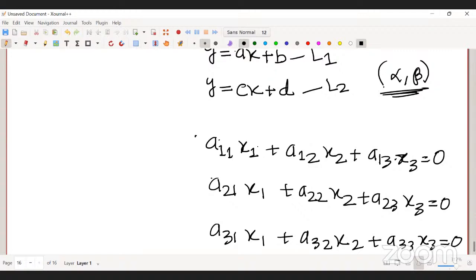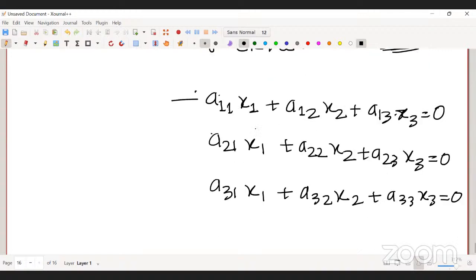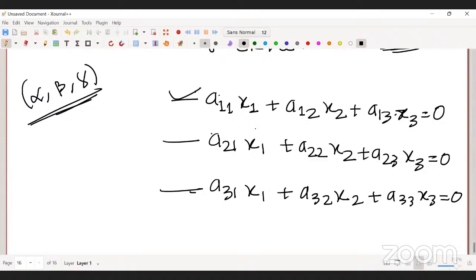So this is a system of linear equations, right? You have three equations. If alpha, beta, gamma is a solution of the system, then if you put alpha, beta, gamma in the first equation, it will give you 0. If you substitute alpha, beta, gamma in the second equation, it will also give you 0. And if you substitute in the third equation, it will also give you 0. That is what it's saying, that if you have a solution, it will satisfy all the equations.